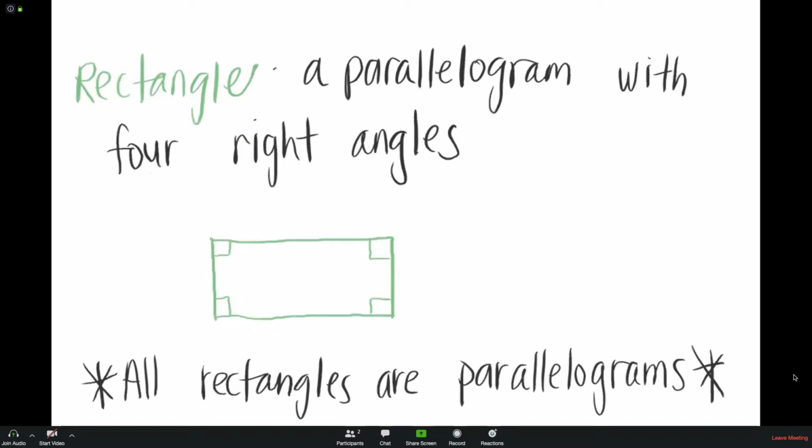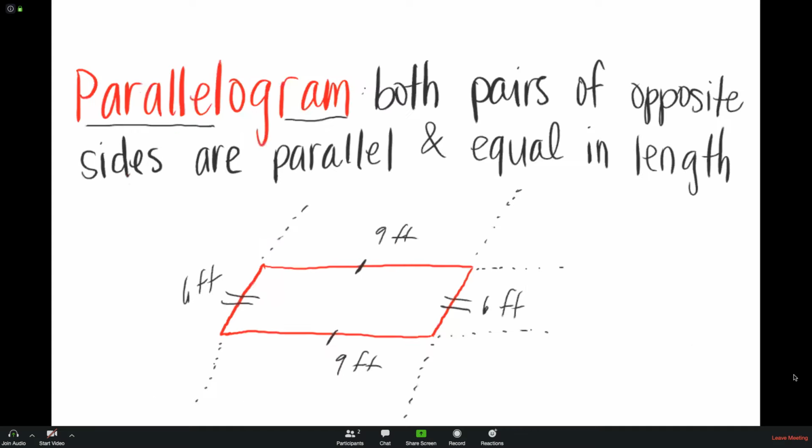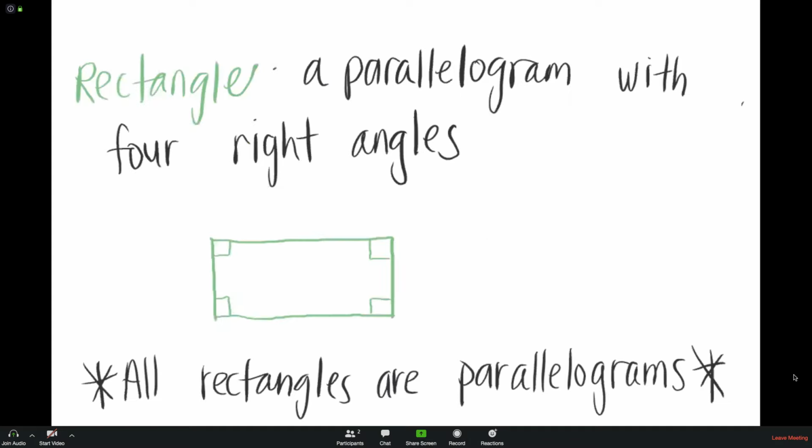Okay, let's talk about rectangles. So a rectangle is also considered a parallelogram. So if we look back at what a parallelogram is, it means that both pairs of opposite sides are parallel and equal in length. So let's take a look at that in the rectangle. That means both pairs of sides, so top and bottom, are parallel and equal.